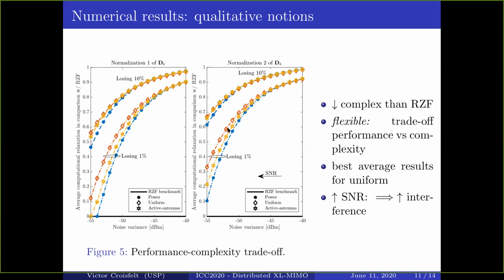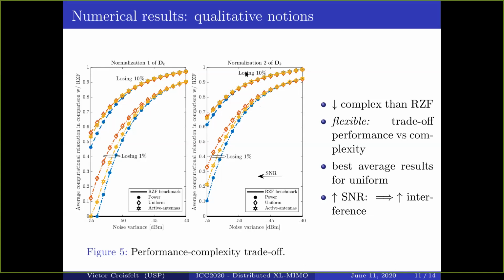We have found that our algorithm is less computationally burdened than RZF, even now with non-stationary effects. So we are extending the conclusions drawn for massive MIMO. And well, we can also easily trade performance for complexity and vice versa.